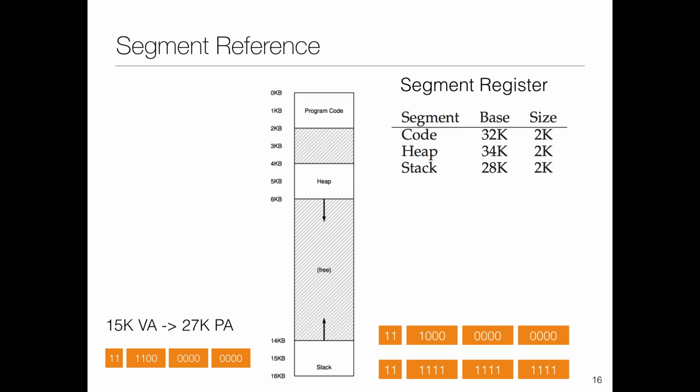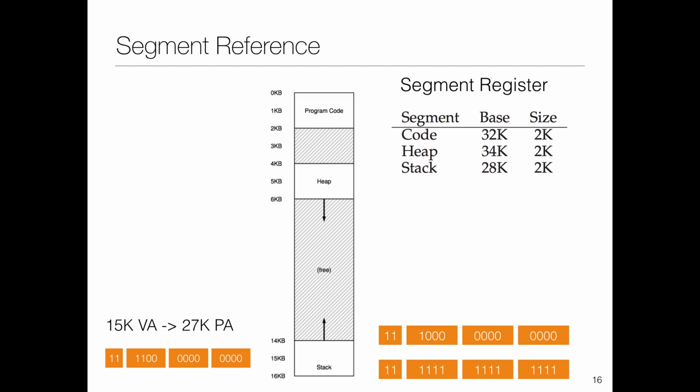Which direction is the stack growing in? 16k corresponds to 28k. 16k minus 1k corresponds to 28k minus 1k, 27k.